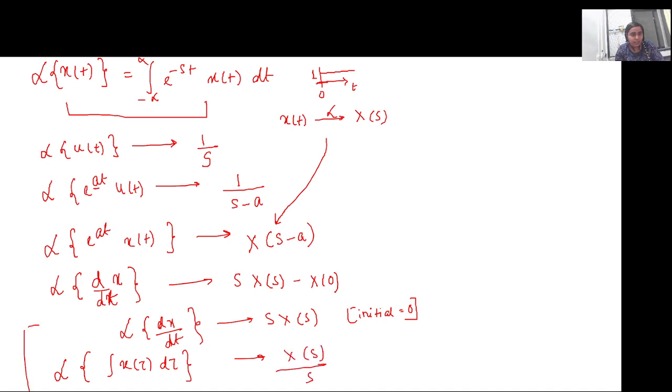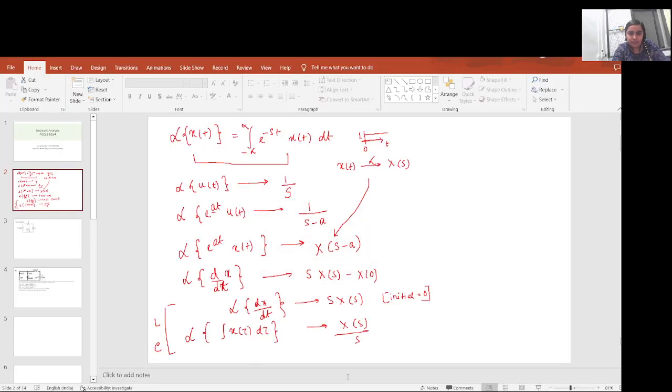These two things will come in handy in case of inductor and capacitor whenever we come across these elements in our circuits.